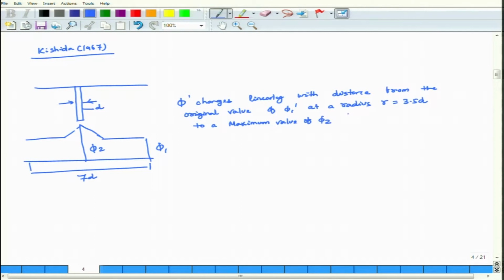So, phi 2 prime is equal to phi 1 prime plus 40 degrees by 2, when phi 1 prime is equal to 40 degrees, there is no change in density.